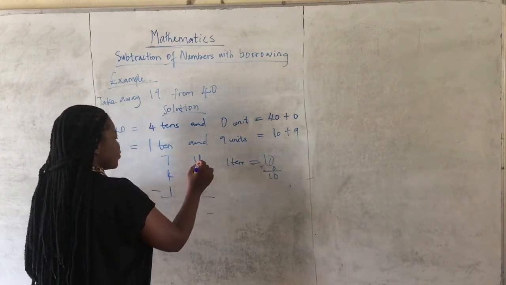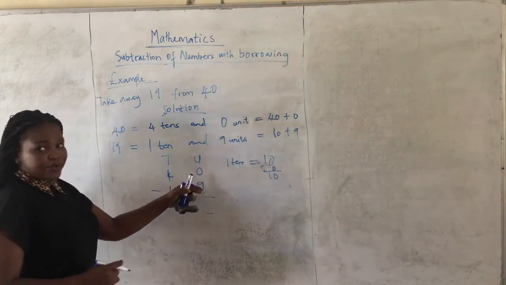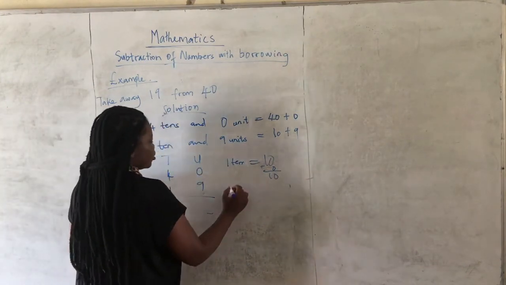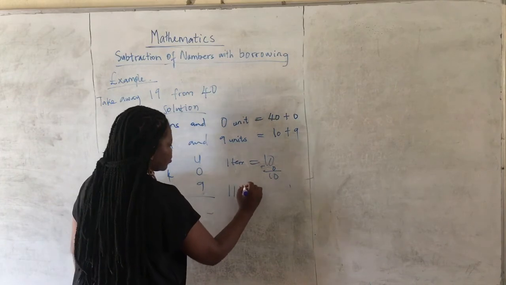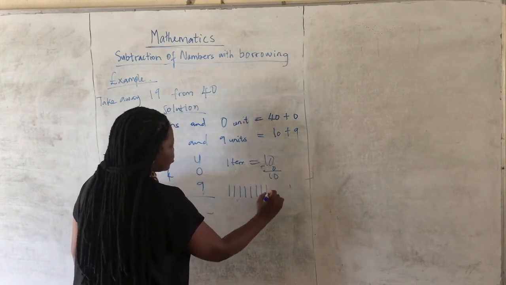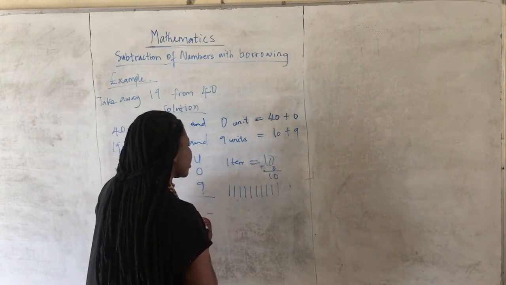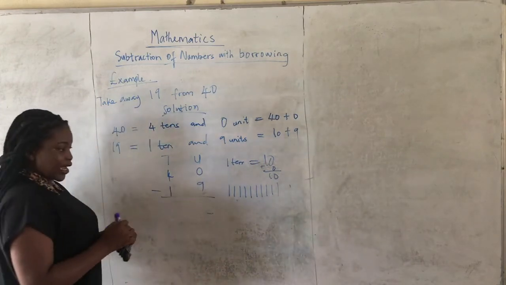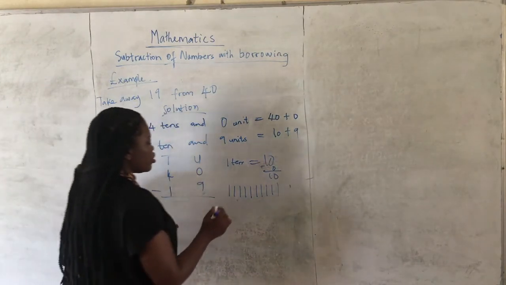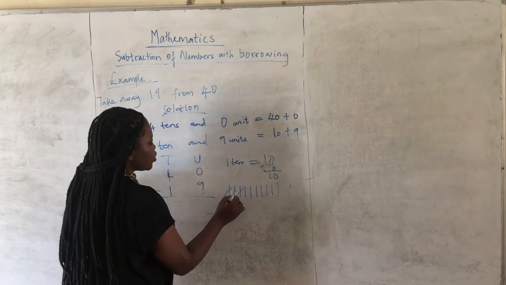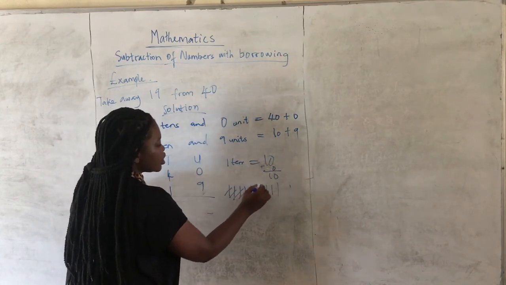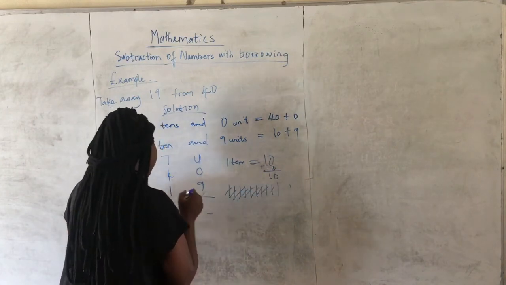So here we have 10. We can simply take out 9 from 10. We have 10 sticks, and we have to take out 9. Now let's count 1, 2, 3, 4, 5, 6, 7, 8, and 9.